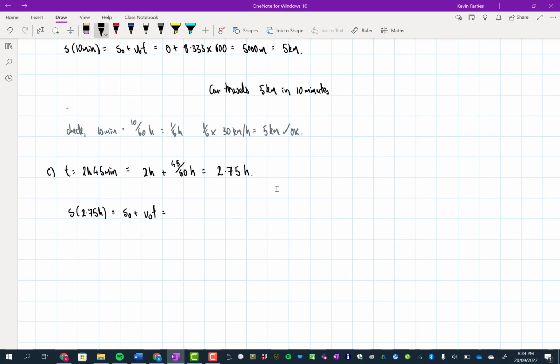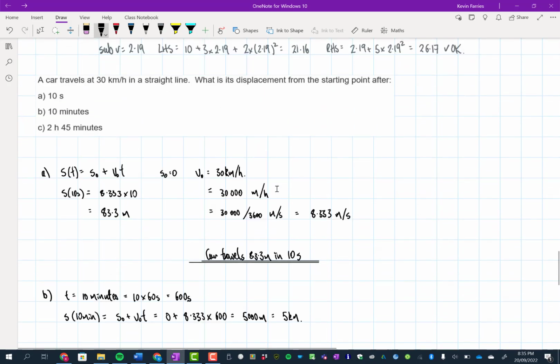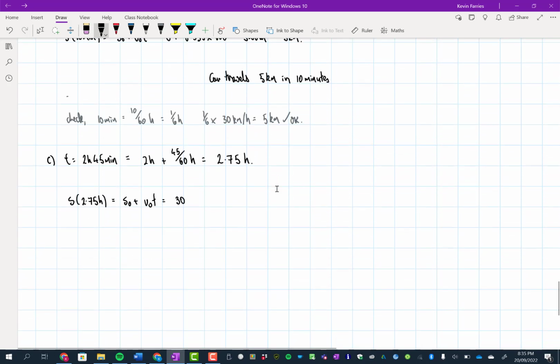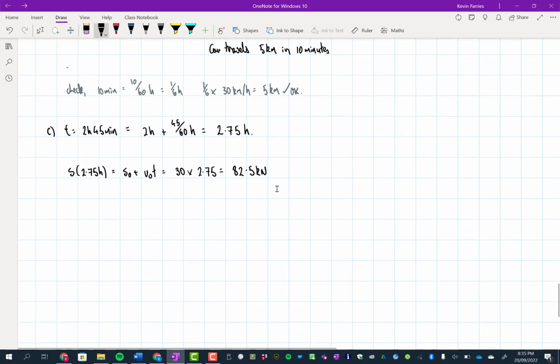And so therefore we're going to get V naught, which was 30 kilometers per hour, times 2.75, which is equal to 82.5 kilometers in 2.75 hours.